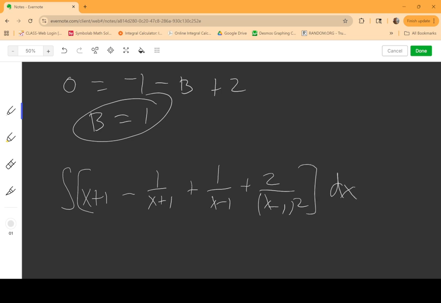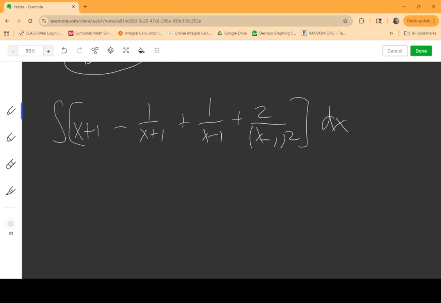All right. And now integrating here, we get 1/2 x squared plus x, minus the natural log of x plus 1, plus the natural log of x minus 1. Now this last one is not a natural log. I actually can't just use the power rule. The power rule there is negative 2.